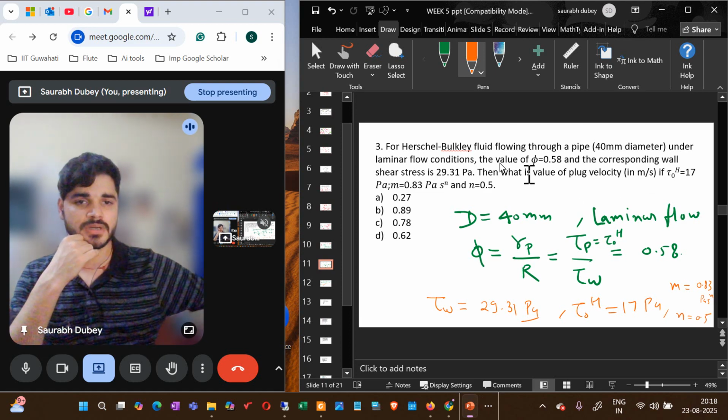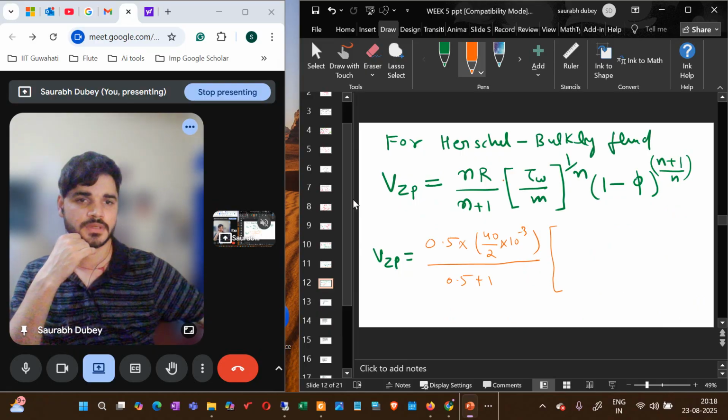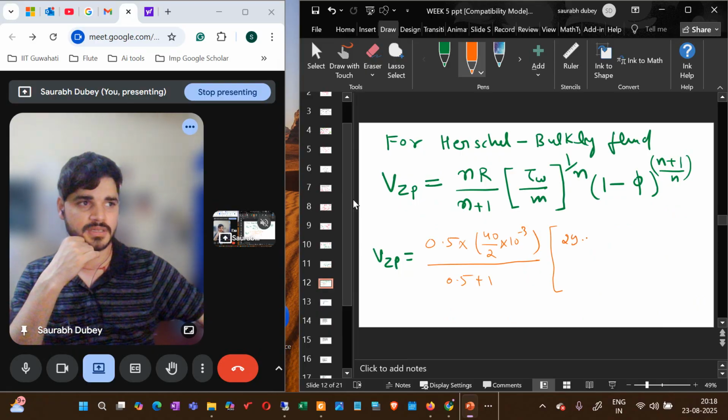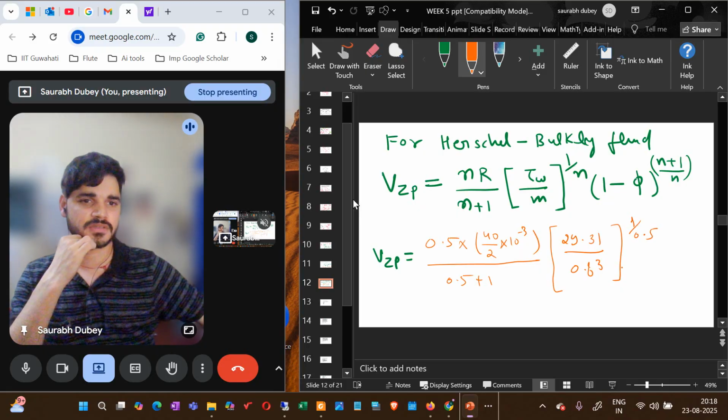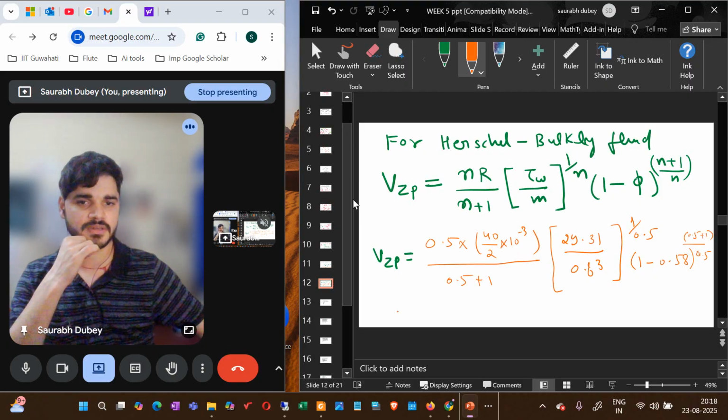Okay. So what I'm saying is you just put all these values over here, which is 29.31 divided by 0.83. It will give you this 1 divided by 0.5, and this 1 minus 0.58, to the power 0.5 plus 1 divided by 0.5. Once you derive it, you are going to get that.